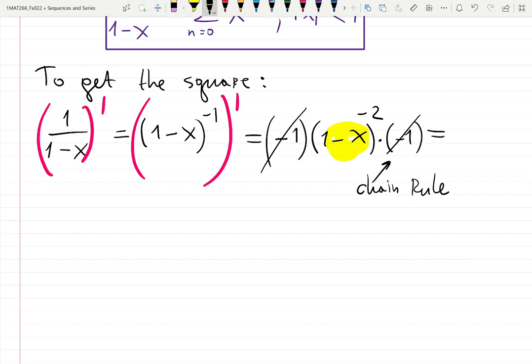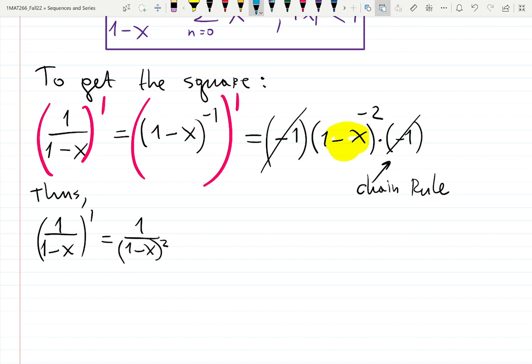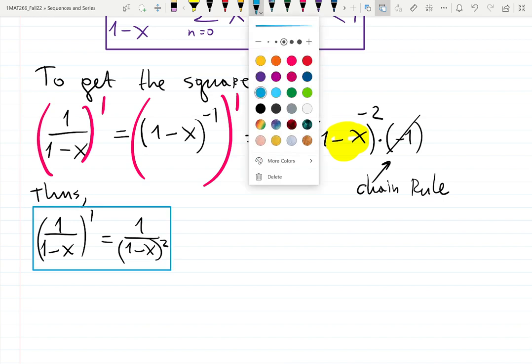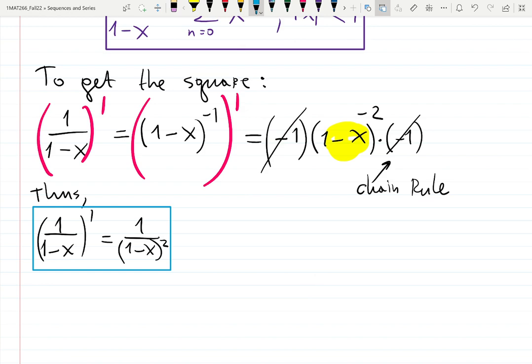So we can now say, thus, therefore, in conclusion, to summarize, choose any GRE word you like, the derivative is 1 over 1 minus x squared. So we found this. Kind of, that's just the algebra part.